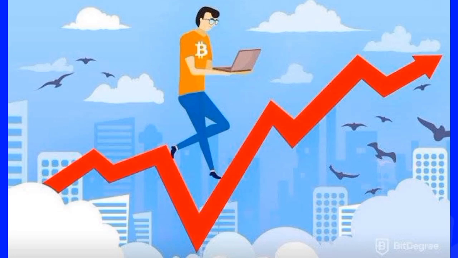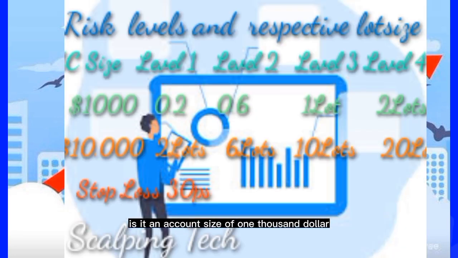For example, using an account size of $1,000, the lot size under level 1 is going to be 0.2, while under level 2 is going to be 0.6. Level 3 will be 1 lot, and level 4 will be 2 lots.